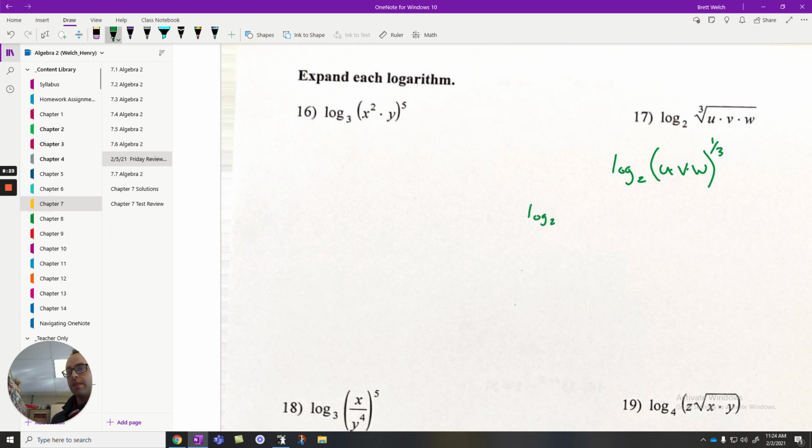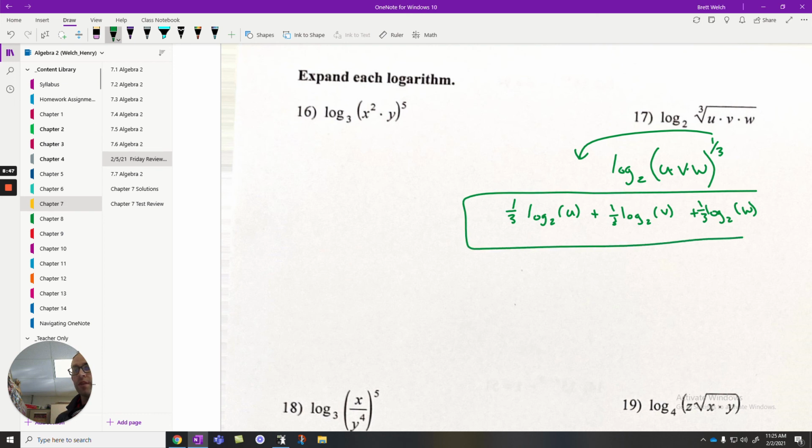So I have log base 2 of u plus log base 2 of v plus log base 2 of w, but the 1/3 goes in front of each one of their logarithms. So 1/3 and 1/3. This would be my expanded version.